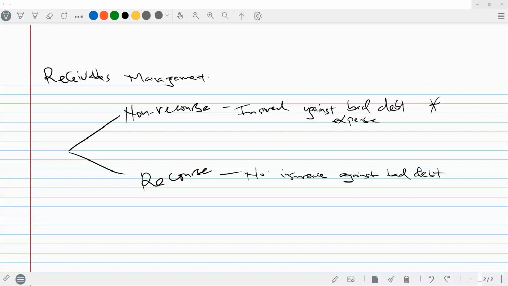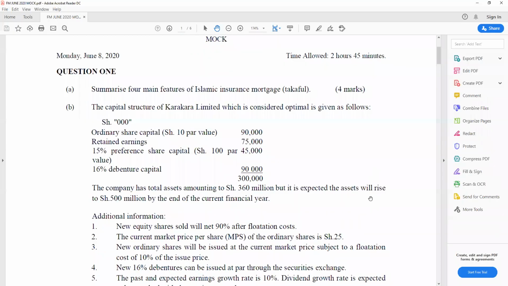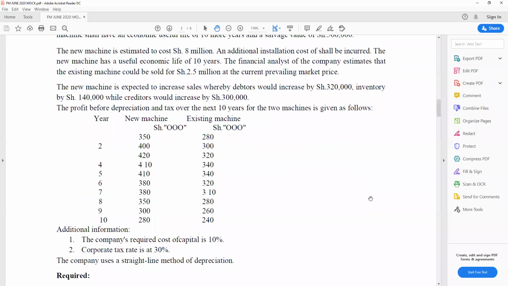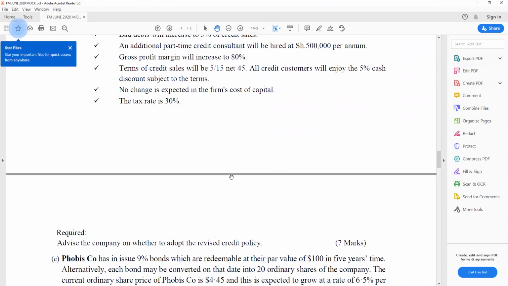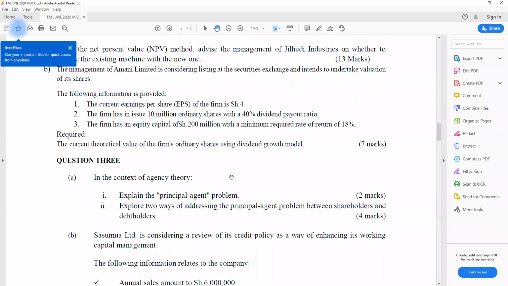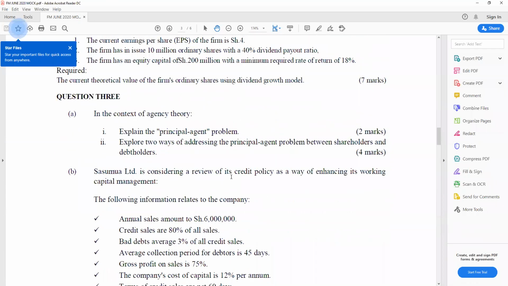Yes, it is question 3, part B. So mock question 3, part B. Just refresh yourself on what you did, then we attempt it together. Go through it, then we attempt it together.